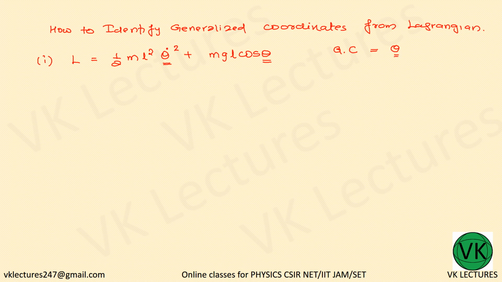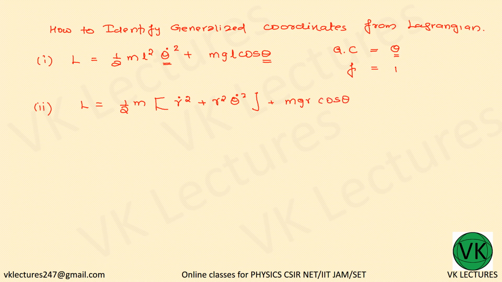How many generalized coordinates are there? Only one, so degree of freedom is equal to 1. Now let's take the second example, that is Lagrangian is equal to half m (r dot square plus r square theta dot square) plus mgr cos theta.